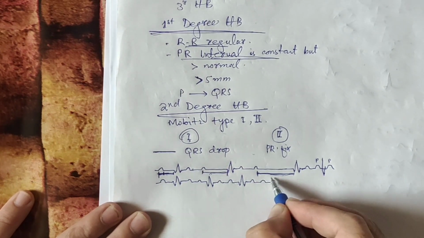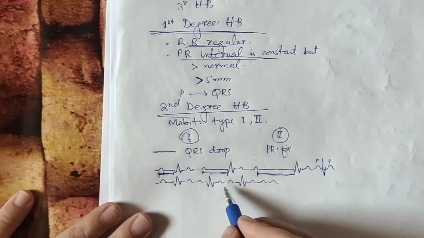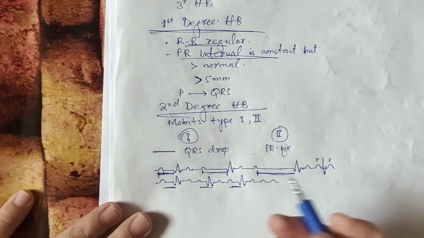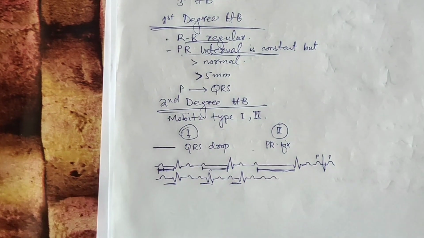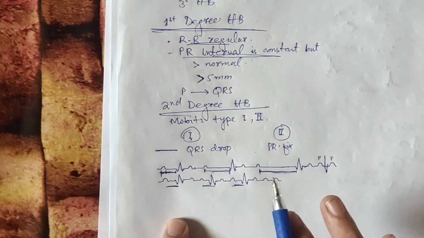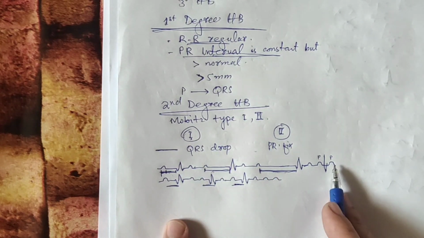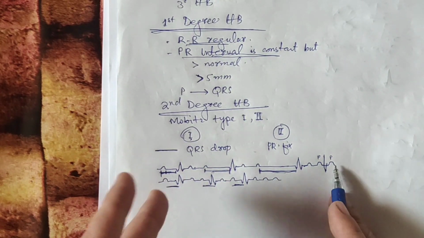There is no change in the PR interval in Mobitz type 2 until a QRS is dropped. In type 1, progressive lengthening with a QRS drop is called Mobitz type 1.